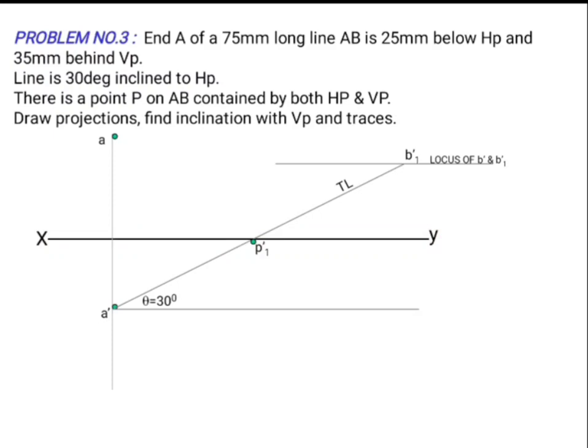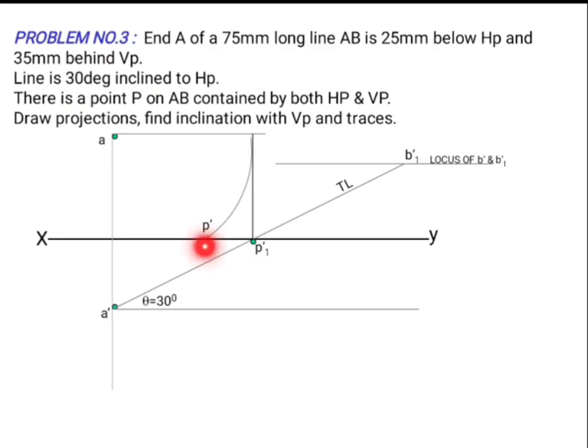So I am projecting this P1 dash in the upward direction and getting this intersecting point, and then it is rotated in the downward direction to get the point P dash and P on the XY line.